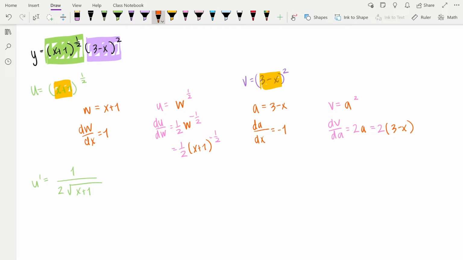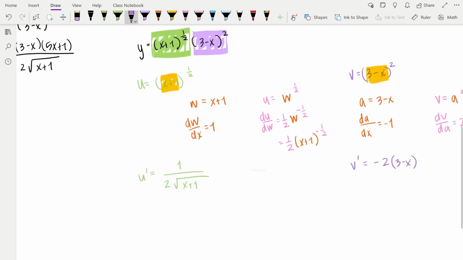I expanded it and it ended up not being useful. So I'm going to leave it the way that it is, which gives us v prime, which is dv/da times da/dx, which will be negative 2 times (3 minus x). Again, I don't want to expand it because I already know how the answer goes, and it's better if I don't.